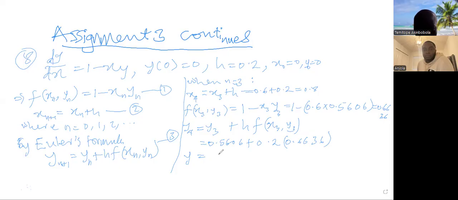Multiply and add everything. So we now have y of 4 to be approximately, what is that? 0.6934 in 4 decimal places. That's what we are supposed to have. Write that quickly. You have 3 minutes.